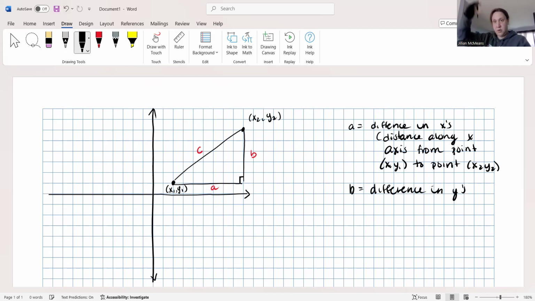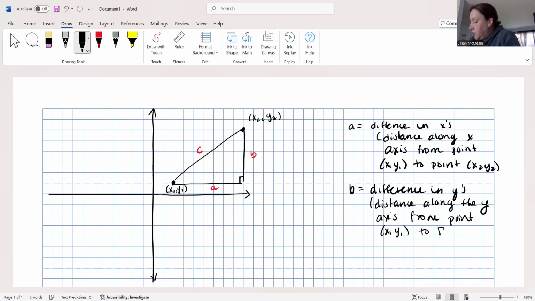So it's that vertical distance, which is the distance along the y-axis from point x1, y1 to point x2, y2.